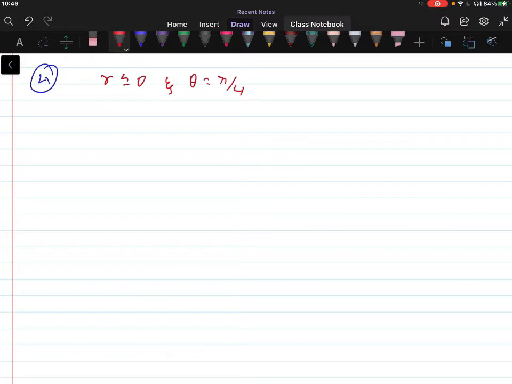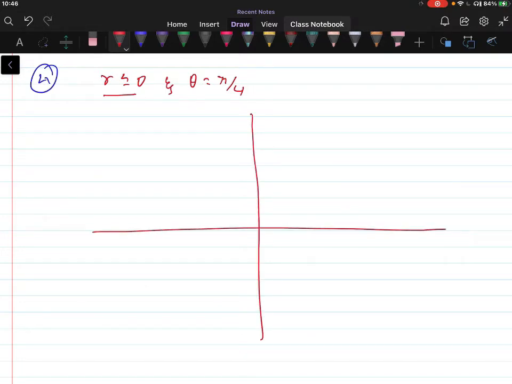Let us plot the points. r is less than or equal to 0 and theta is equal to pi by 4. So let us construct the coordinate system with x-axis and y-axis. Let us fix the origin O and draw the initial ray from the origin, and theta is equal to pi by 4 is a line that makes an angle theta is equal to pi by 4 with the initial ray, and r is less than or equal to 0 lies in the third quadrant.